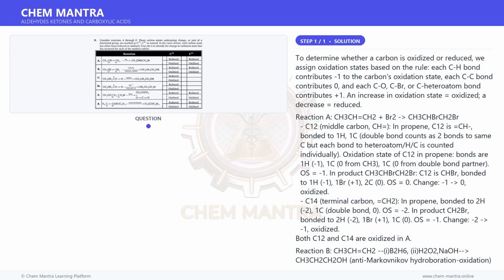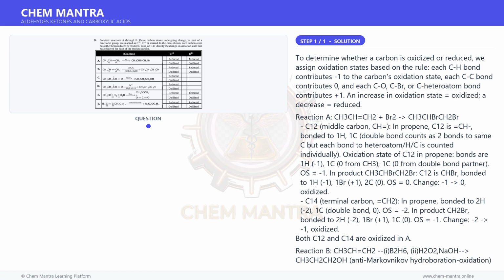That gives oxidized. But the answer says C14 is oxidized. Wait, the answer says C14 oxidized. Let me recheck C12. Enol =CH2 has OS -2. Product CH3 has OS -3, so reduced.